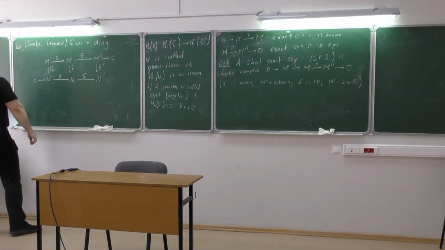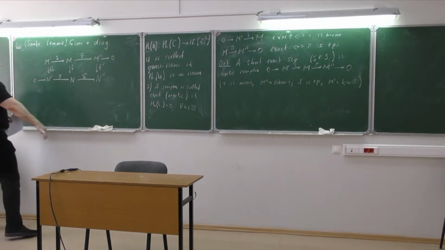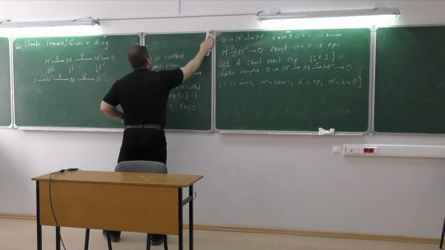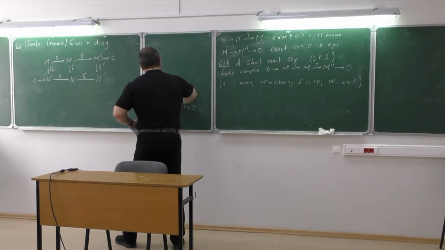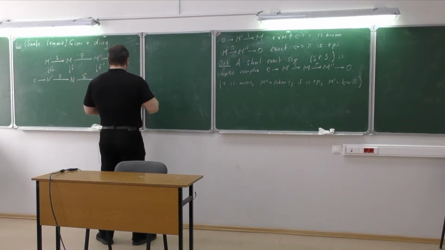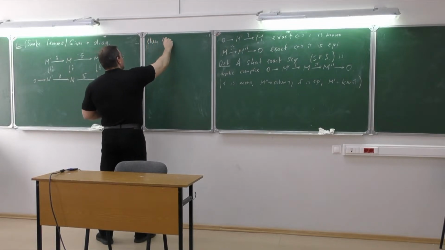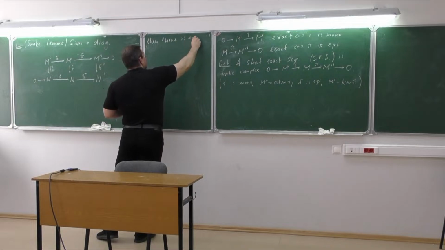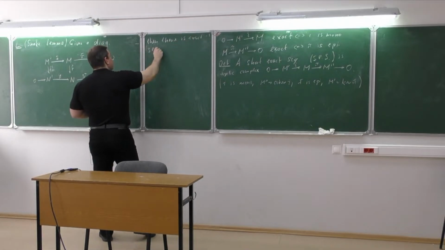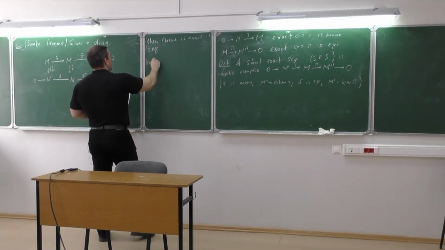So given such a diagram of modules, well, maybe it will be better if I continue to draw something on this diagram. So this is a diagram of modules, and then there is an exact sequence that starts with the kernel of f prime.